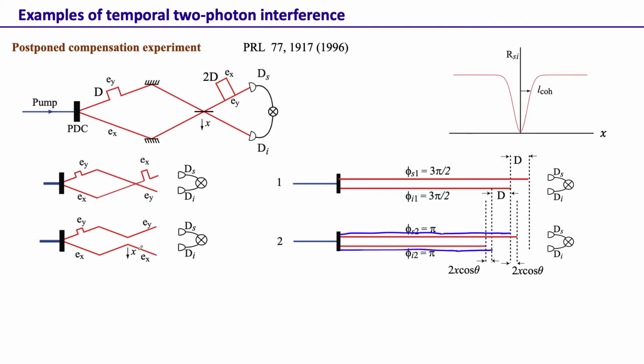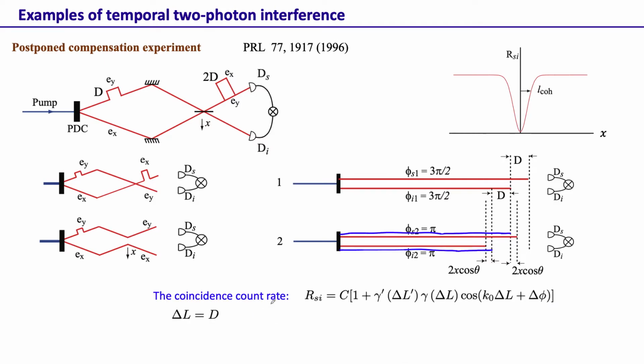From the balance position, when we start moving this beam splitter, we increase the path length of the signal photon by 2x cosine theta, and we reduce the path length of the idler photon in the second alternative by the same amount, 2x cosine theta. In this case, this is our coincidence count rate, and for evaluating this, we need delta L prime and delta phi.